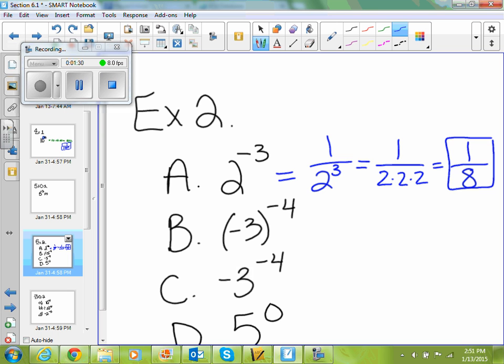Okay, so if I do the same thing with negative 3 to the negative 4, it would be 1 over negative 3 to the 4. The negative changes to positive when you move the exponent to the bottom. So this is like 1 over negative 3 times negative 3 times negative 3 times negative 3.